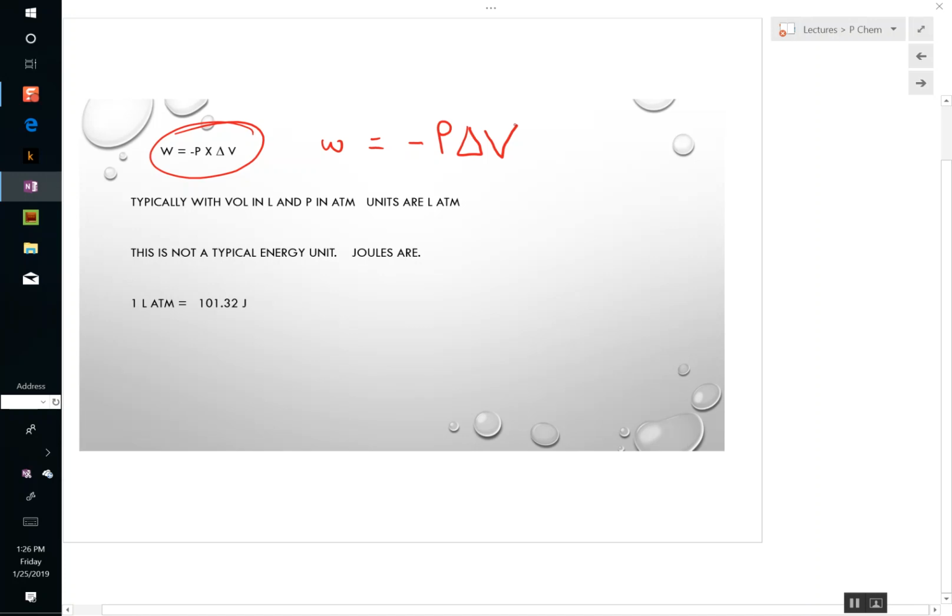Pressure times the change in volume is an expression of the work.